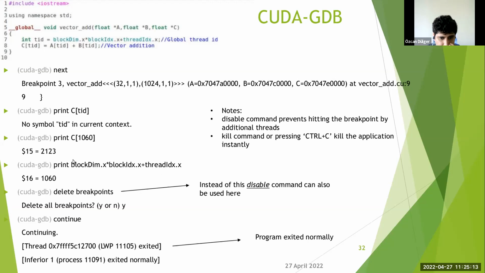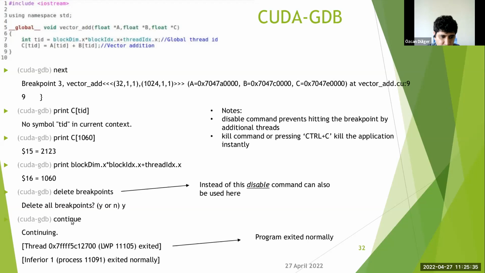This is important. Then, in order to exit your program normally and exit from the CUDA debugger, first you must delete breakpoints. By entering delete breakpoints, and by entering Y, we delete all of them.